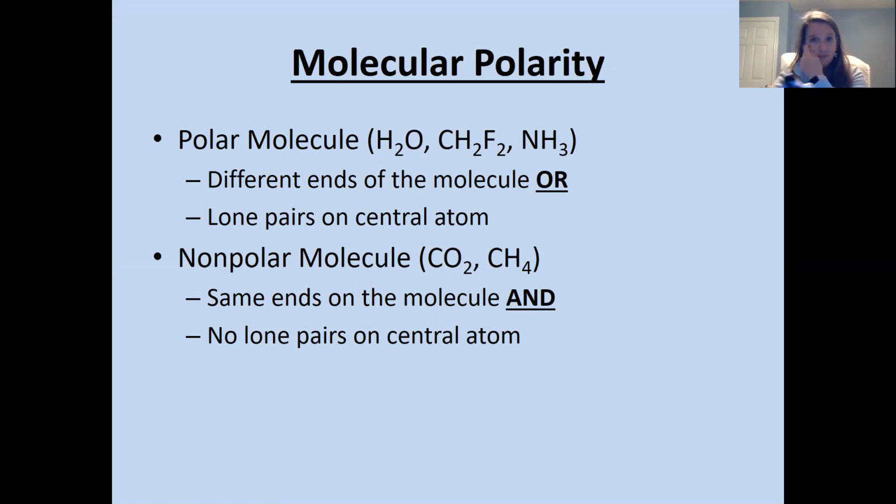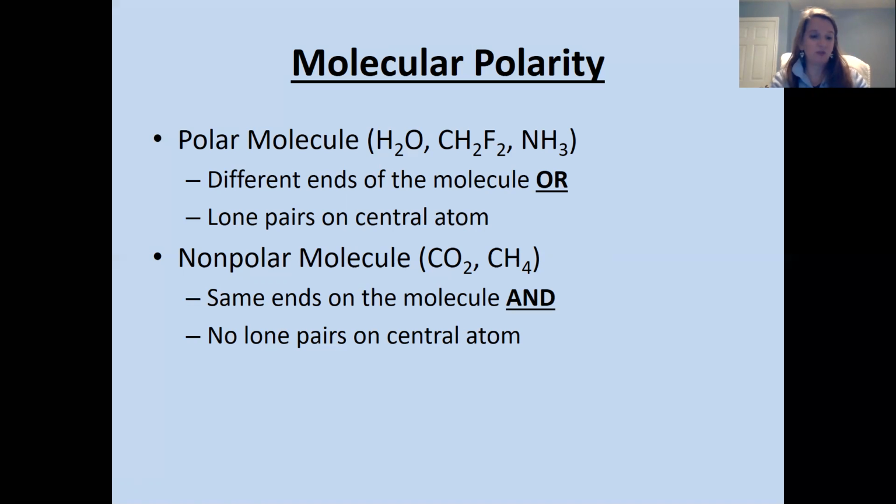What about this one? Remember, these little things represent lone pairs of electrons. We've got two white atoms at the end. Is this equal and balanced all the way around? No. Even if I take these little lone pairs off, because technically we can't see them in an atom, even if it looks like this, does this look equal and balanced?